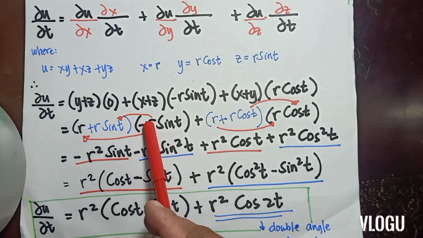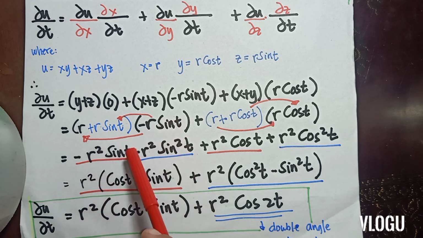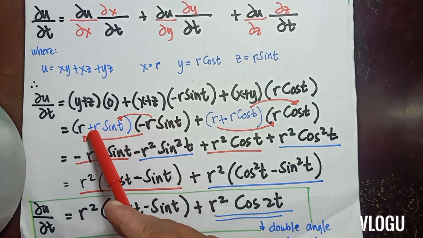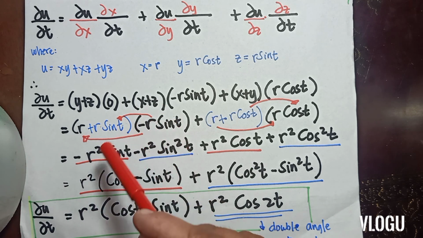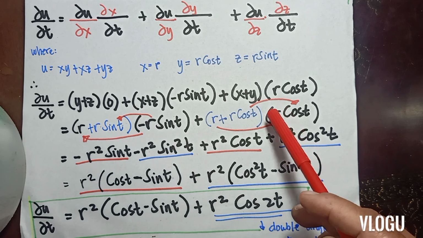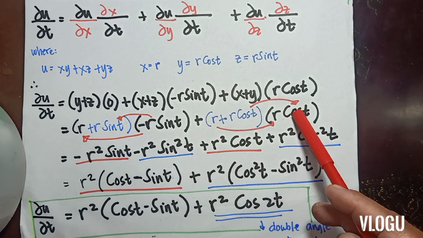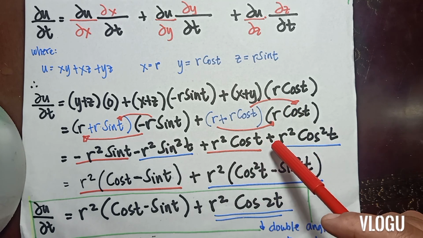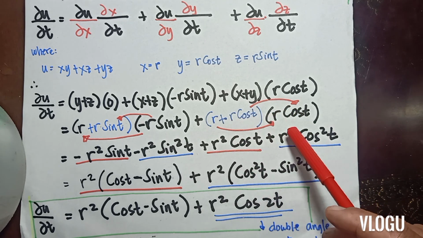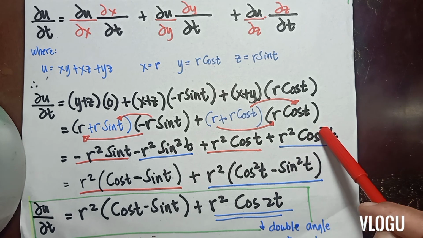So that's the reason you will have r times r, negative r squared sine t. Negative r times r sine t gives negative r squared sine squared t. Here you will have r times r cosine t, r squared cosine t, plus r times r squared cosine t times cosine t, so r squared cosine squared t.